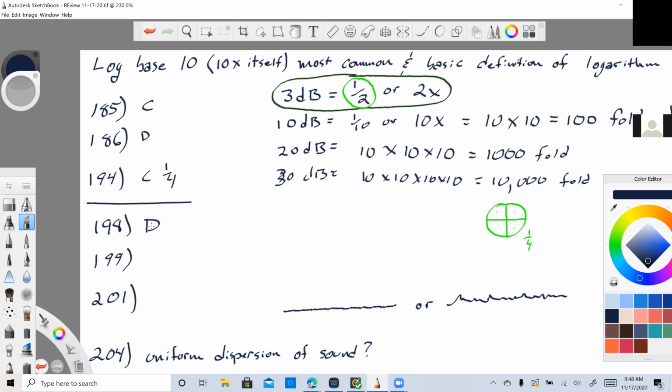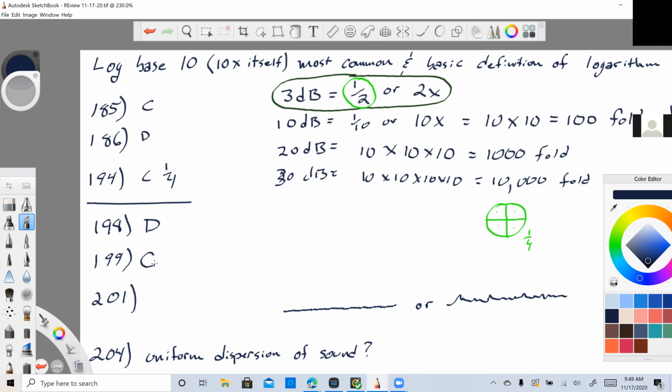Let's see, why did I do 199? An acoustic wave is traveling through soft tissue. Its intensity undergoes 6 decibels of attenuation. It sounds like the previous one. How does the final intensity of the wave relate to the intensity of the wave when it started its journey? Well, I'm not sure why I did this one, because it's really the same question as, what was that, 194?